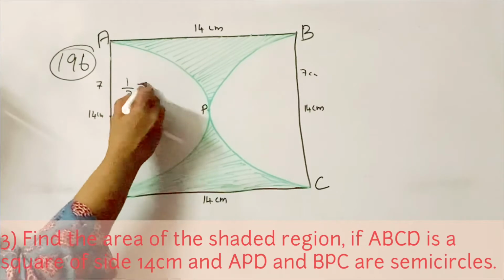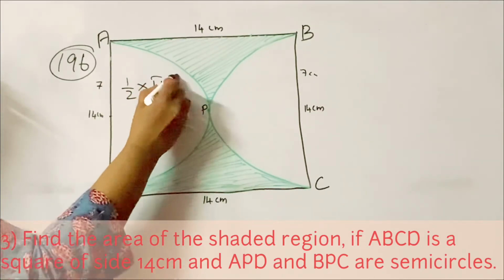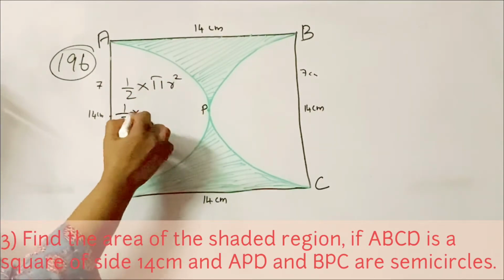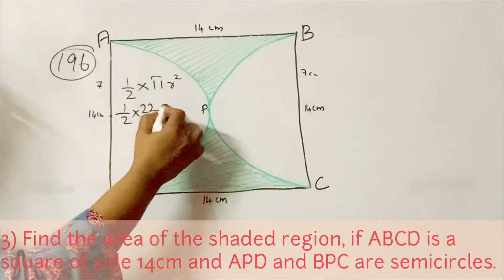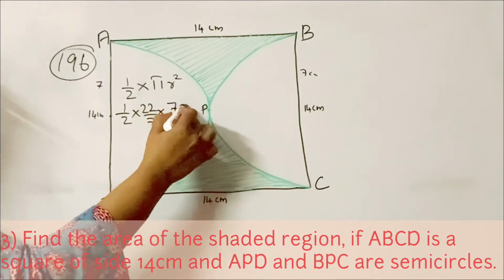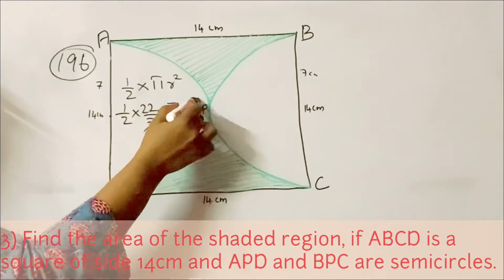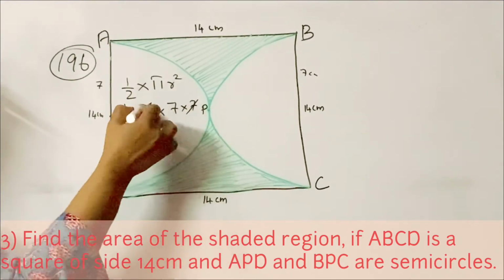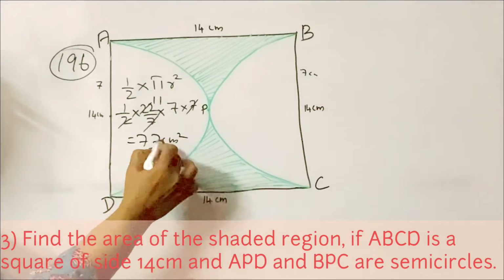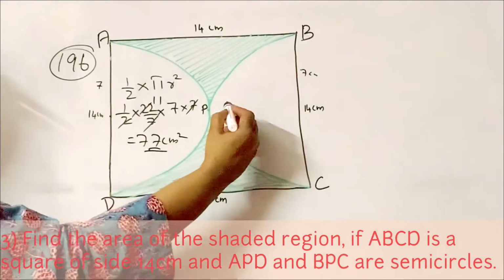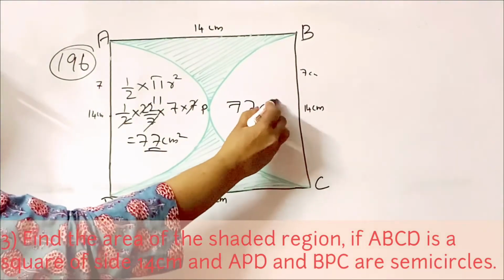What is the area of a semicircle? Half into pi r square. Here half into 22 by 7 into r square, which is 7 square, that is 7 into 7. So this is 77 centimeter squares, the area of the semicircle. This is also 77 centimeter squares.